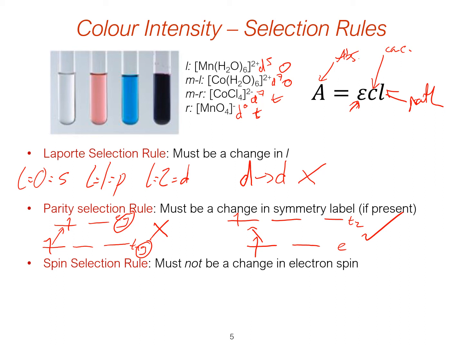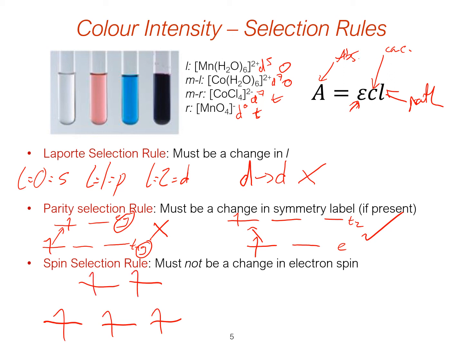The final one is the spin selection rule, and that says that there mustn't be a change in electron spin. Now, this is particularly important for things like the d5 electron configuration. So if I draw that one here, we've got 1, 2, 3, 4, 5.